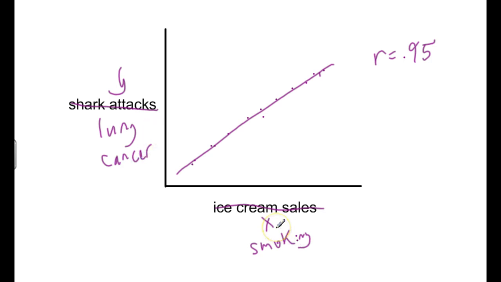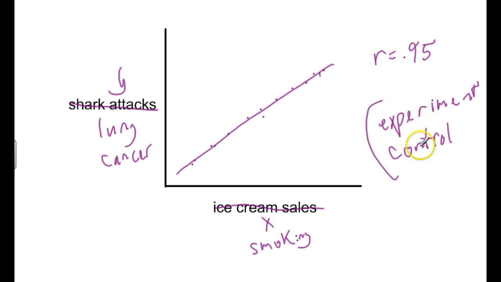So for years, even though we kind of knew one might be causing the other, smoking might be causing lung cancer, we couldn't prove it. And so you have to do an experiment, and it has to have a control group. If you do that, and under the right conditions everything's been done right, you might be able to prove causation. But to prove cause, you really have to have an experiment with a control group.